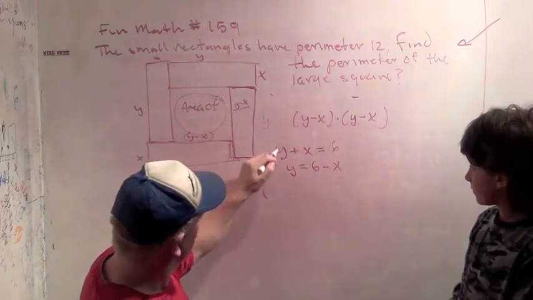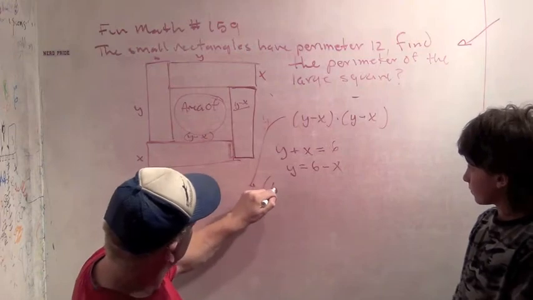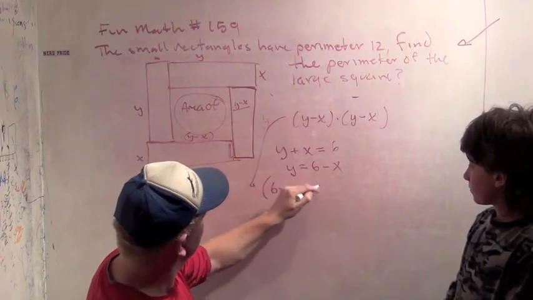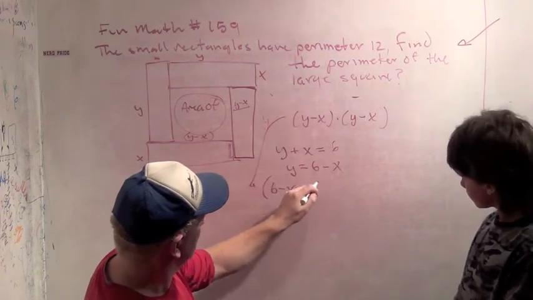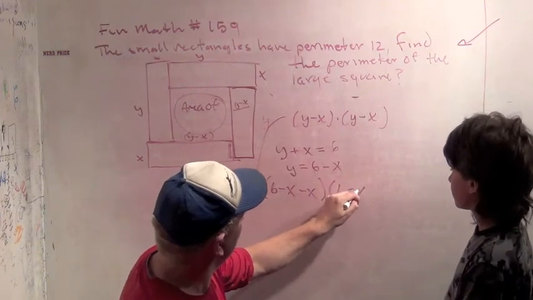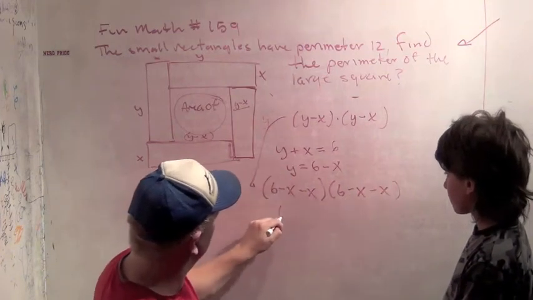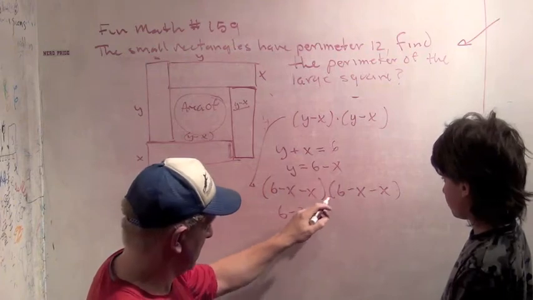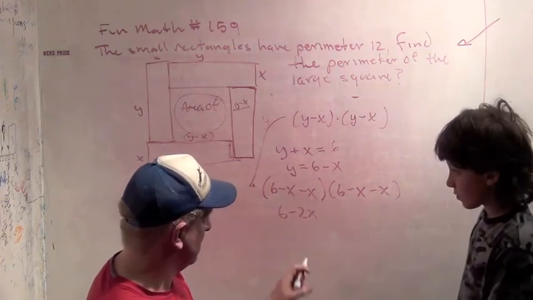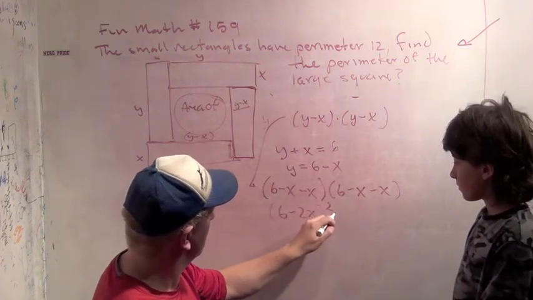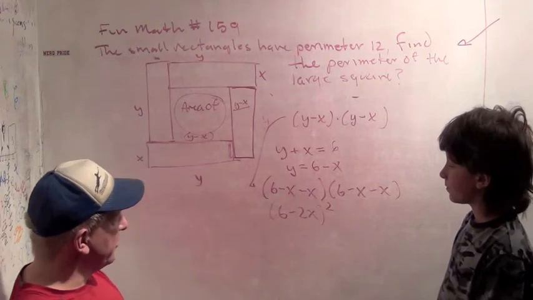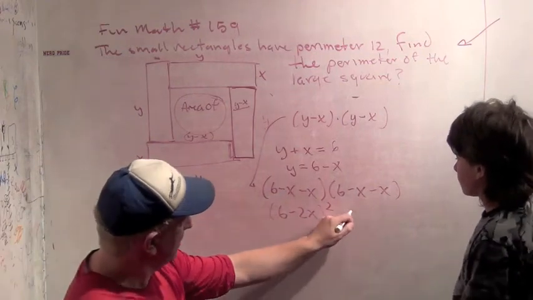So you can substitute the y's. Bringing this equation down here, I get 6 minus x times 6 minus x, which is 6 minus 2x, squared. Now that's going to produce a very interesting graph for my area.